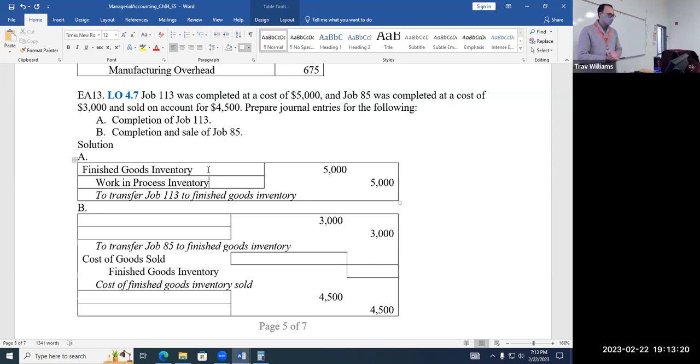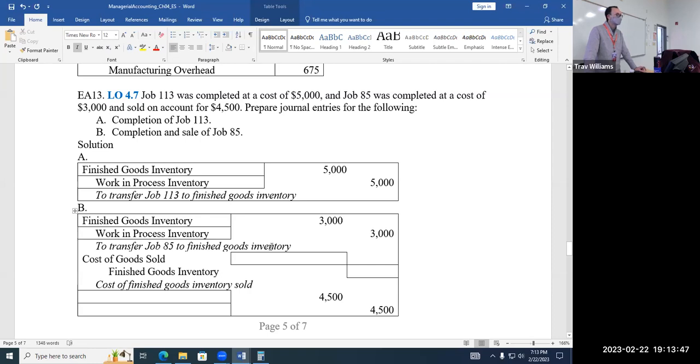So that's what we're doing here, transferring it into finished goods. Now, when job 85 is complete, it's going to be the same thing. So I'm just going to copy these. And again, it's going from work in process inventory for job 85 into finished goods inventory.